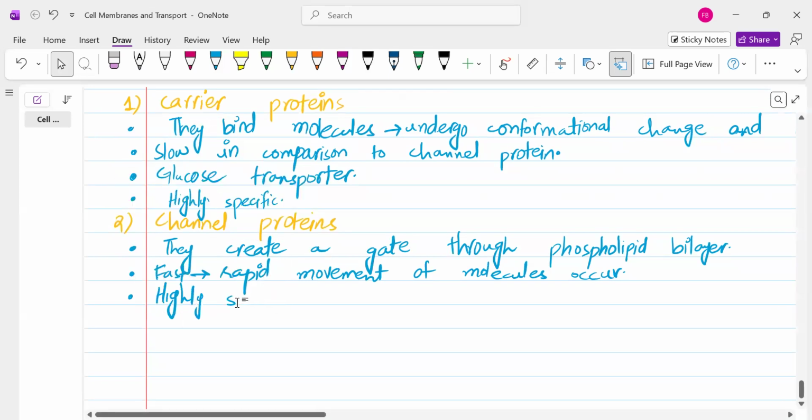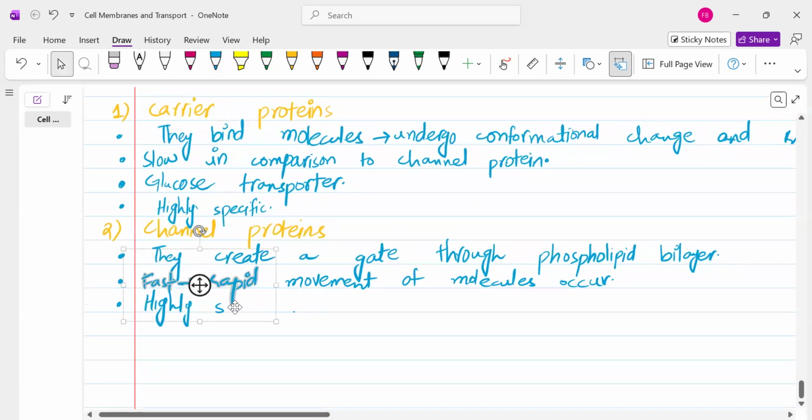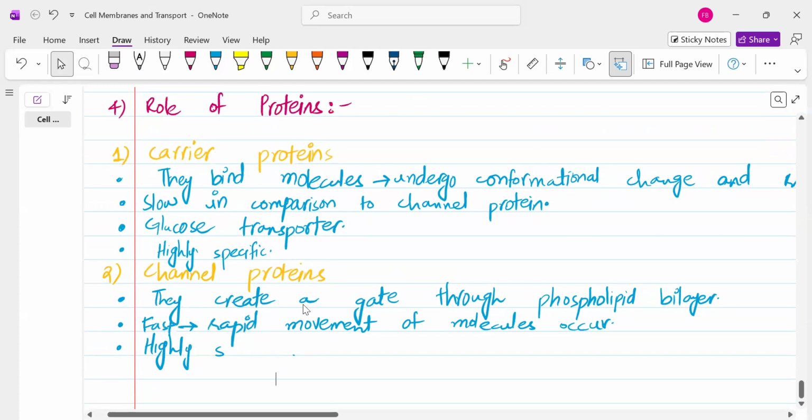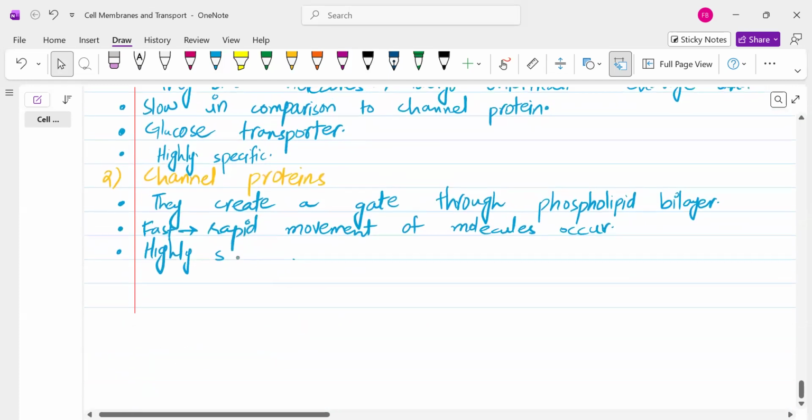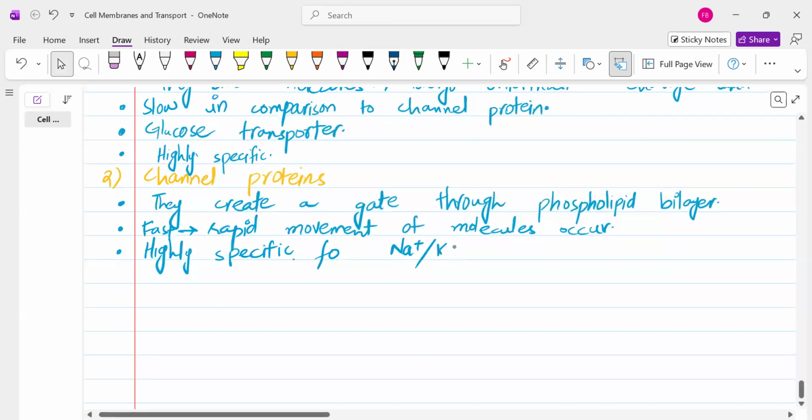They will allow specific ions to pass through: the sodium, potassium, and calcium. Basically, you will have sodium and potassium pumps, which you will see in the upcoming chapter, highly specific for sodium and potassium ions.